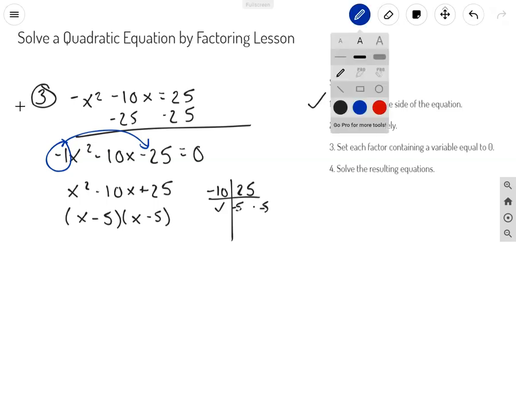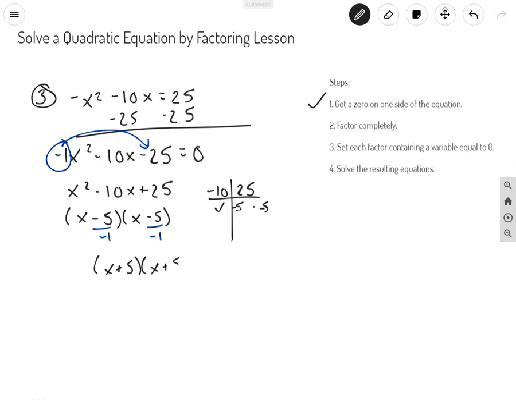So the last step is I have to divide both these parts by negative 1. Since I multiplied negative 1 times the negative 25 at the beginning, I have to divide by the negative 1 now. That's going to give me x plus 5 times x plus 5. So step 2 is done.